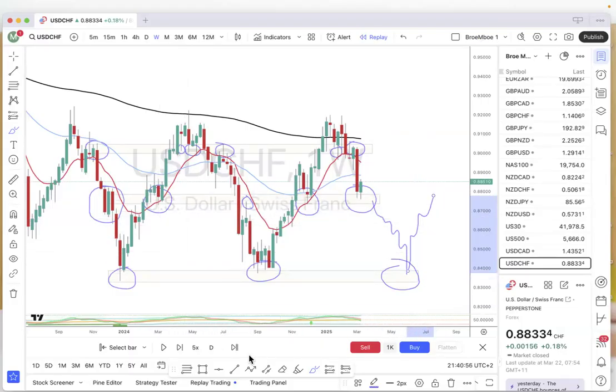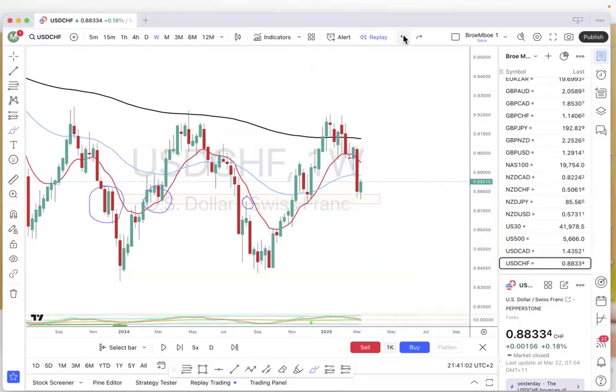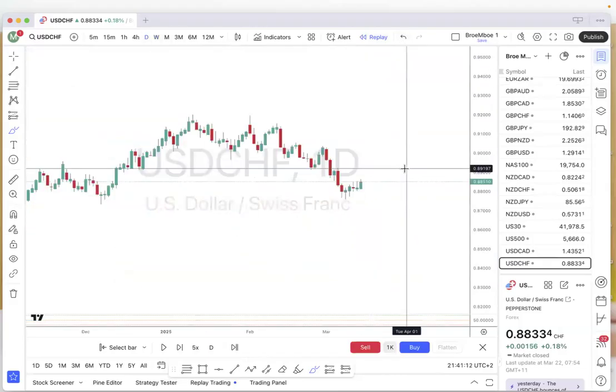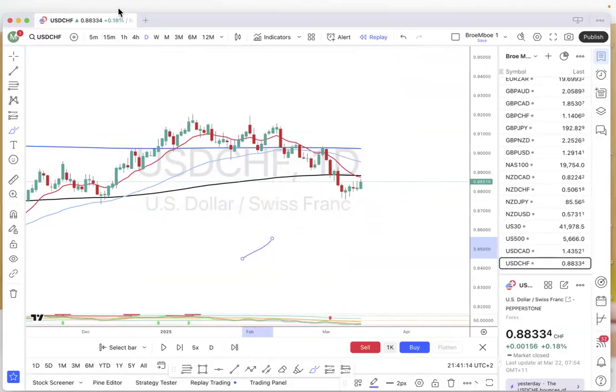But then again, this is not enough to give me a setup. So then I had to look closely again and say, okay, how about we look at the market structure, dropping down to the D1 time frame.